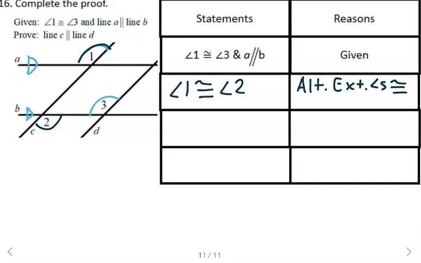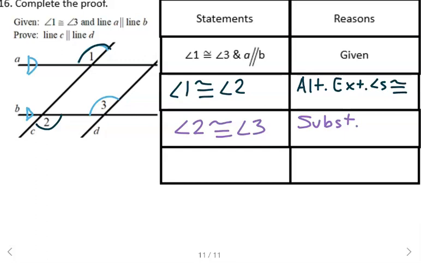Then if you look at 2 and 3, well, backtrack. Notice that angle 1 is congruent to angle 3. Now we have angle 1 is congruent to angle 2. So if we put those together using the substitution property, we can say that angle 2 is congruent to angle 3. Just using substitution.